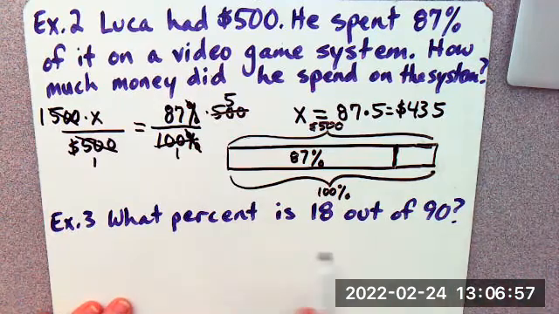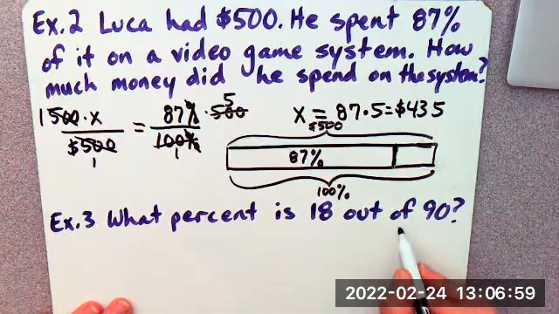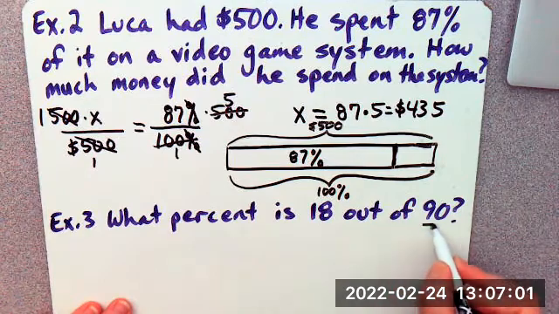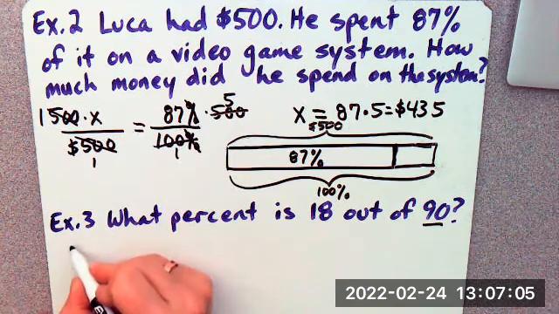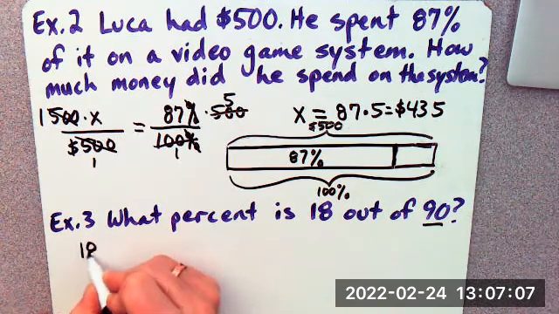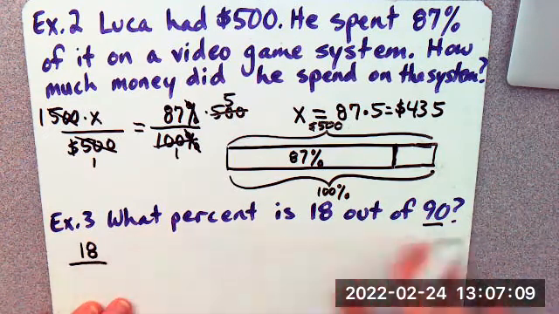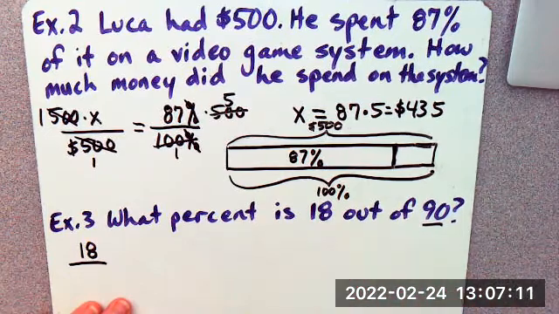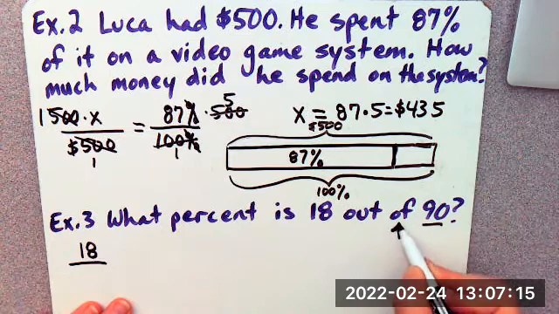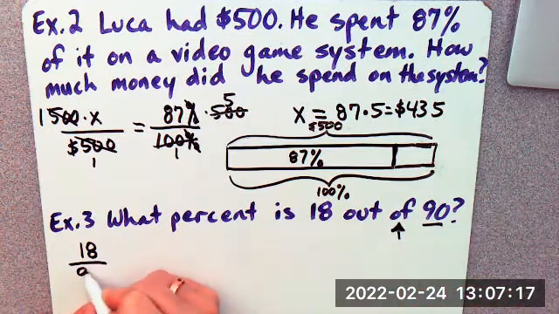Okay, so what percent is 18 out of, oh, this is the F number, 90. So we're given 18, which is the new number. And that's the hardest thing when you're given two numbers, is to figure out which one's the original number. So you look for this "of" word. So 90.